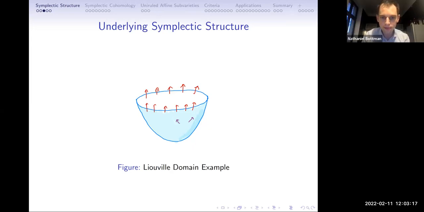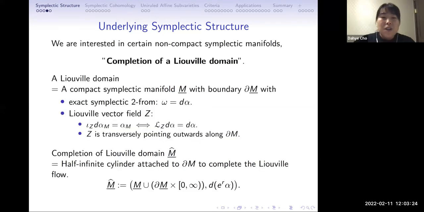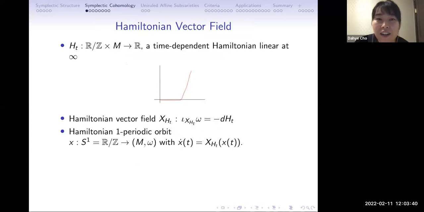Yes. So we will see a Liouville domain like this picture. And the completion of a Liouville domain is where we attach a half-infinite cylinder, that is the symplectization of the contact boundary, so that we complete the Liouville flow like this, and consider a Hamiltonian function on our completion of the Liouville domain.